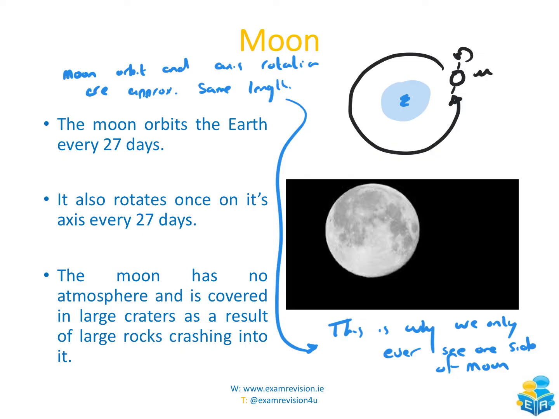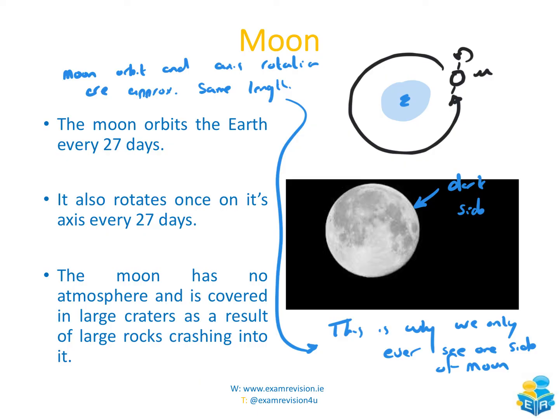It's because the moon orbits the Earth every 27 days, but it's also rotating on its axis every 27 days. So because they're approximately the same, that's why we only ever see one side of the moon. And you might have heard the other side referred to as the dark side of the moon. That's the side of the moon that we don't actually see.